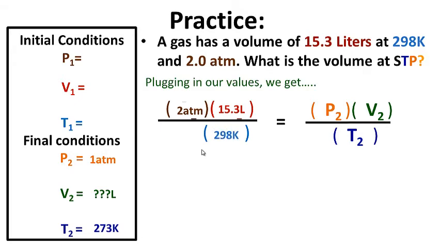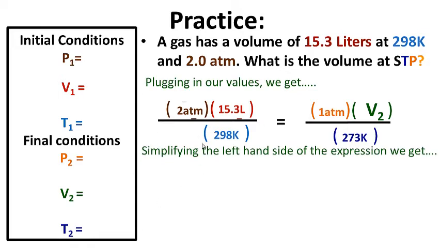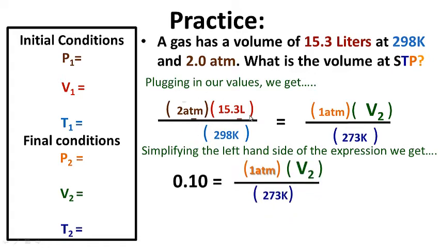All right, and then we changed it to STP conditions of 1 atmosphere and a temperature of 273 Kelvin. Now we're solving for volume here. Remember, what I recommend is simplifying the left-hand side of the expression. We get 0.10 is equal to 1 atmosphere multiplied by V2 divided by 273 Kelvin.